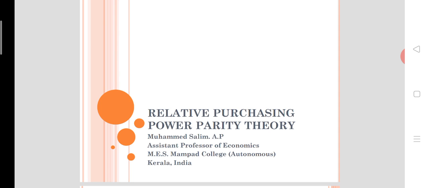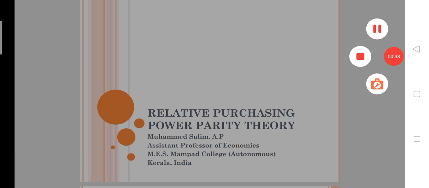Before going into the details of the theory, let me remind you that purchasing power parity theory, which was developed and improved by Gustav Cassel, states or confirms the presence or operation of the law of one price in both countries.